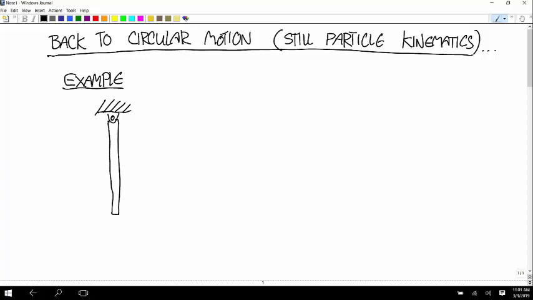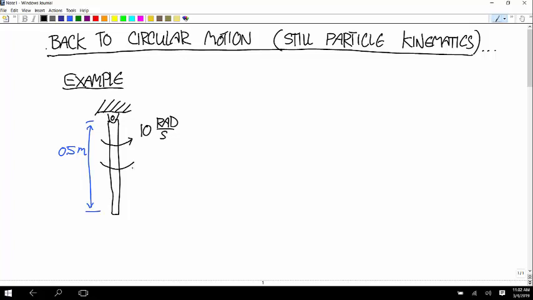You've got this member, this bar that's rotating. It has a length of 0.5 meters. And let's say that it's rotating this way with an angular velocity of 10 radians per second.